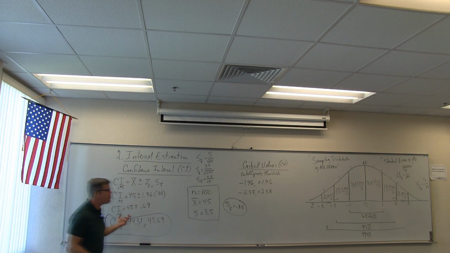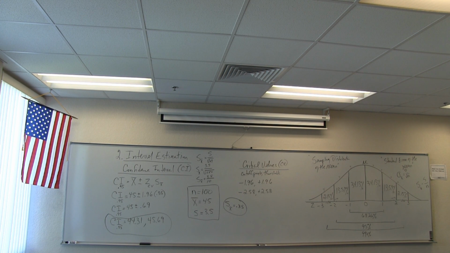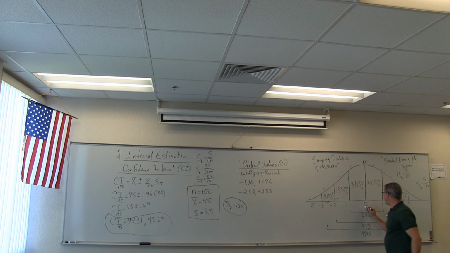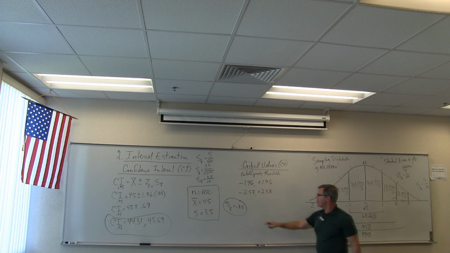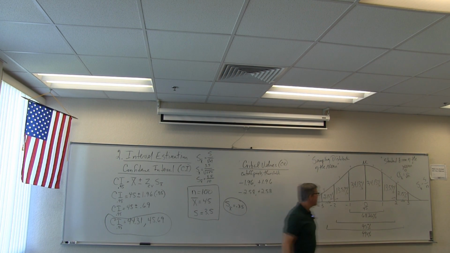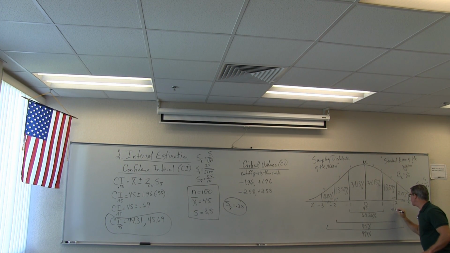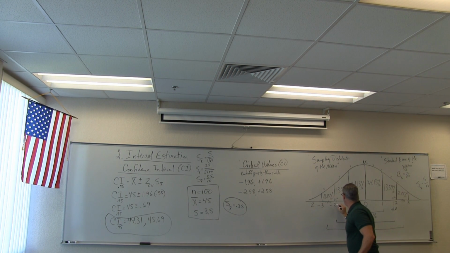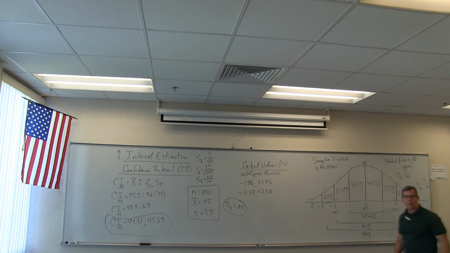Visually, what does this mean? We're using x bar to estimate mu, aren't we? Let's put the 45 right here, and we're going out in units of what? Very good. The 45.69 would be right where the 1.96 is, and the 44.31 would fall right where the negative 1.96 is.